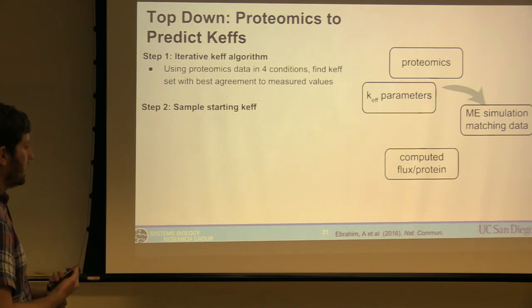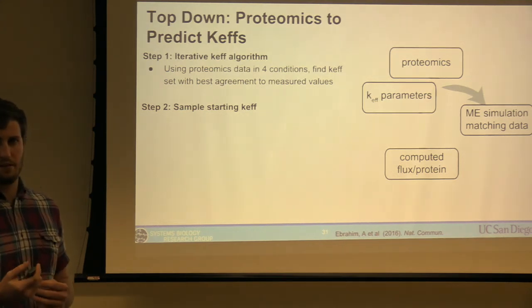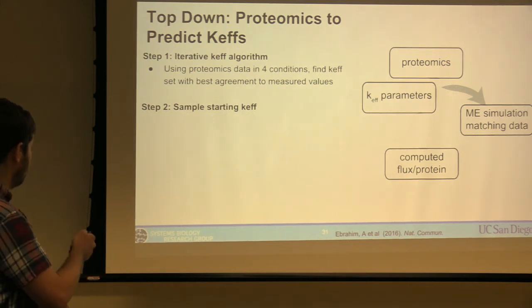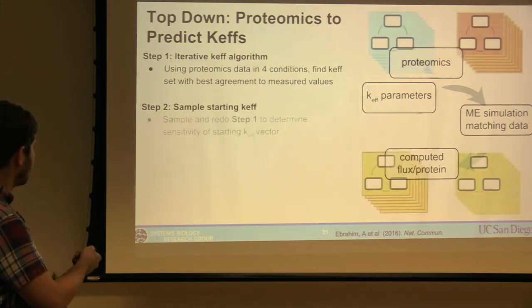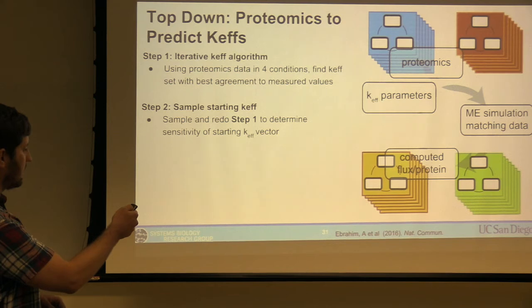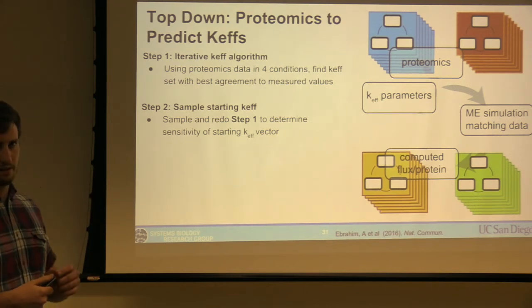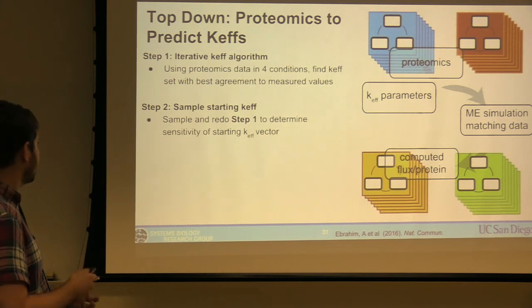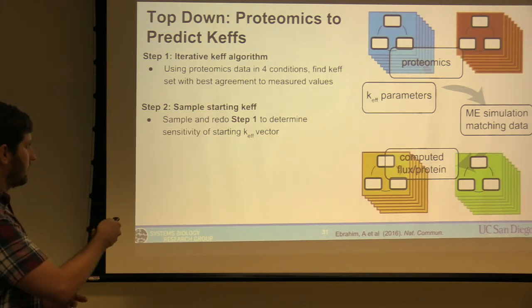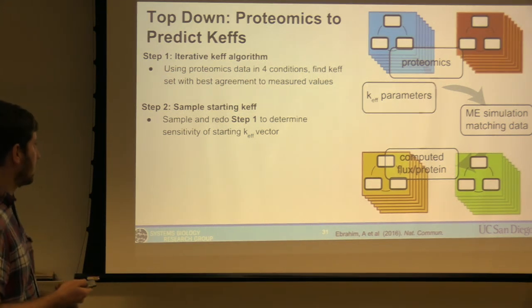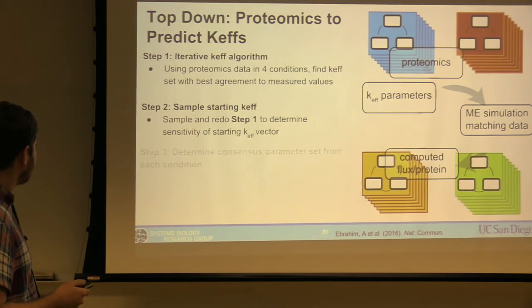And then to really figure out which of those K-effectives are the driving factors in getting that good agreement, we took each of the K-effectives that came out of step 1, sampled the starting vector, and then reran the ME simulations to see how it compares with the proteomics data.